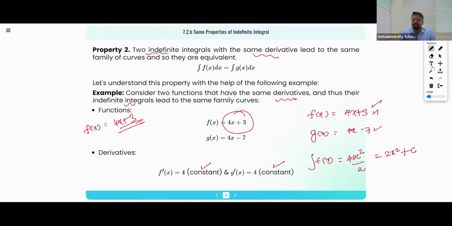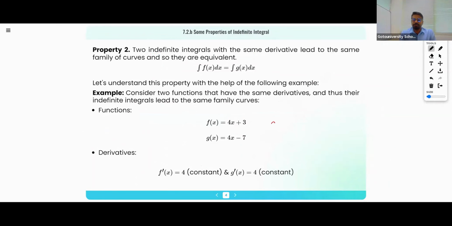Let's forget the integration, let's talk about differentiation. When you differentiate d by dx of 4x plus 3, I get 4, right? When I differentiate 4x minus 7, then also I'll get a 4. There's nothing else left, right? So when we integrate, what happens?